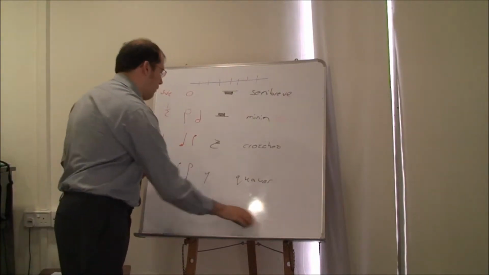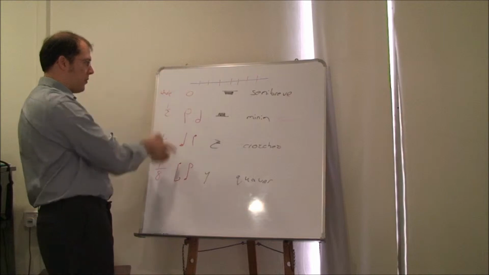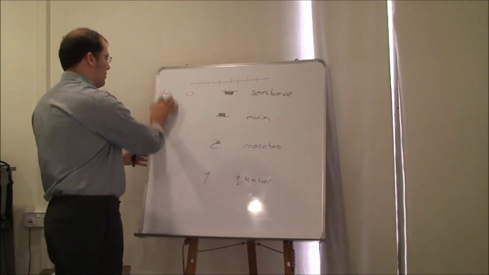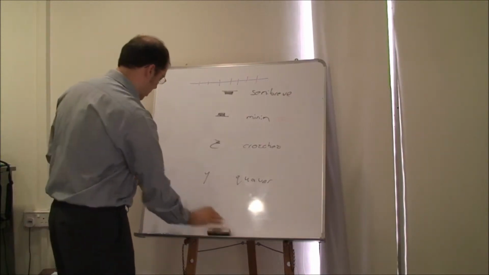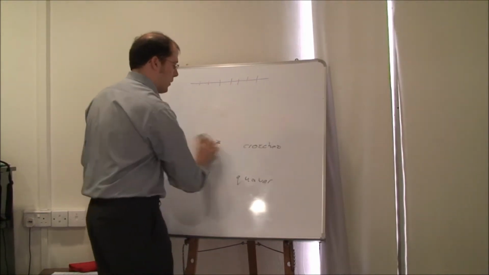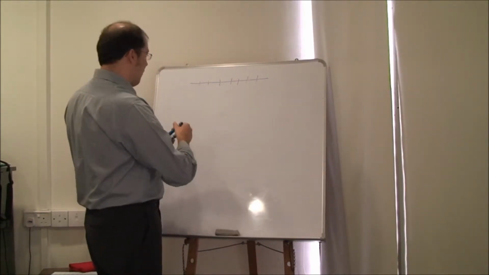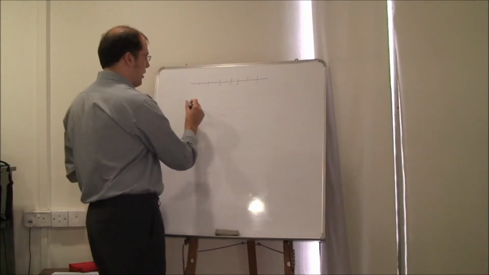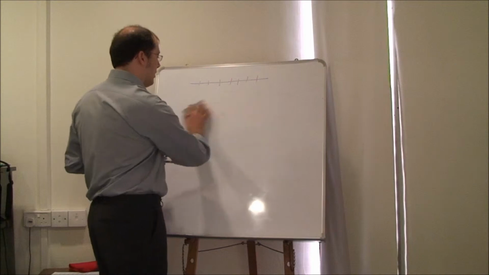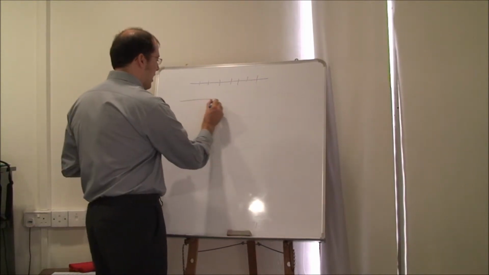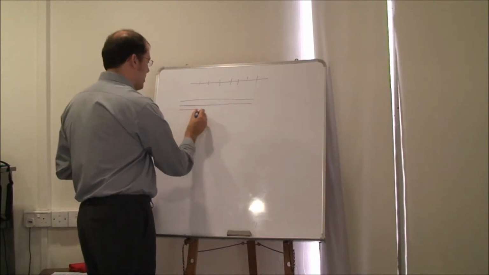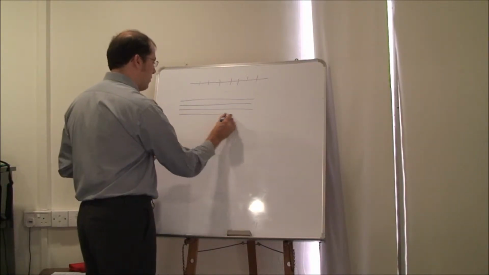Now, with rests, because we're not showing the pitch of the note, they're always written in the same place on the music staff. So, let's introduce the music staff. The staff is exactly the same idea as the line we have over there, except that there's now a whole bunch of lines stacked on top of each other.